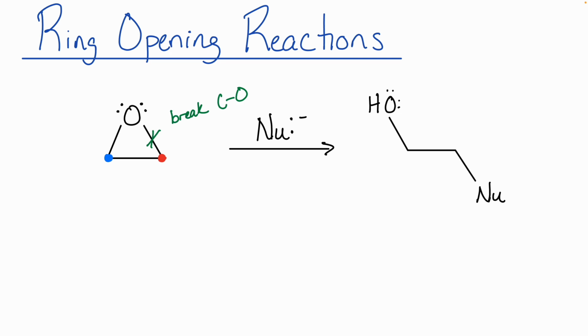The signature of these ring opening reactions is we have our nucleophile attached to one of those carbons, and the hydroxyl group is on the other one. So we're always going to see this same 1-2 carbon spacing between our hydroxyl group and our nucleophile that we've added.